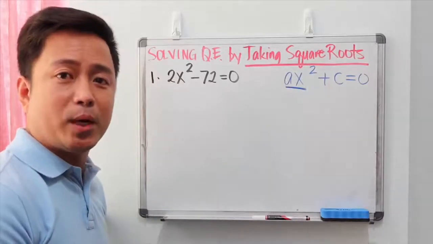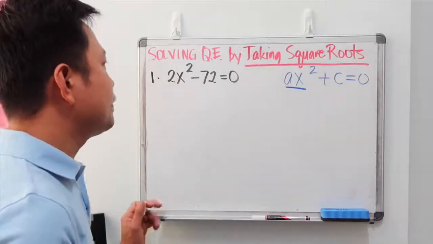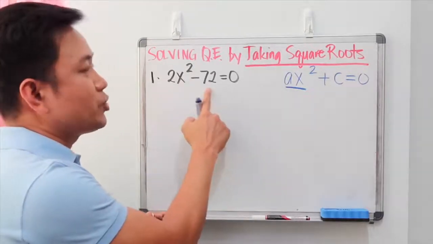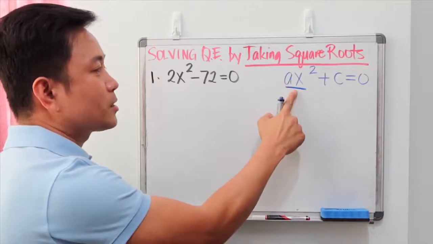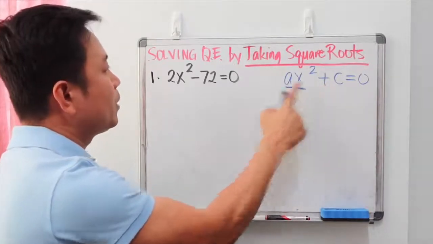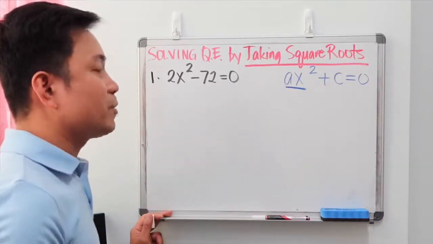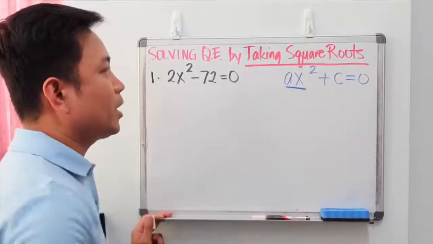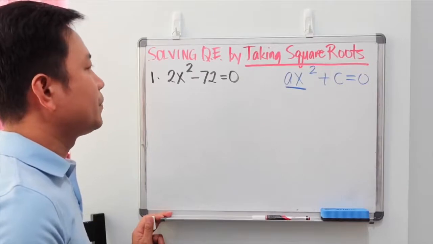Let's have example 1: 2x squared minus 72 is equal to 0. This given quadratic equation is in the format ax squared plus c equals 0 because the bx term is missing. Since it is in this format, we can use the square root method.